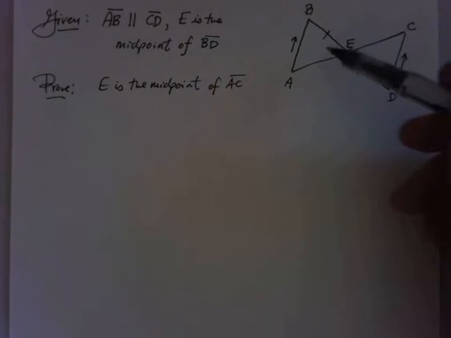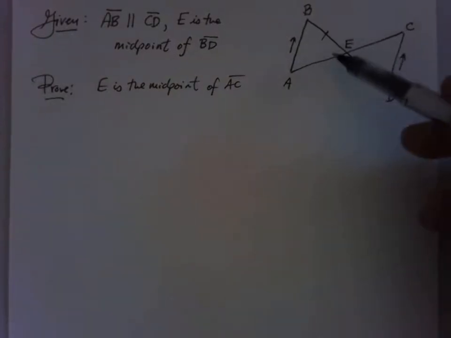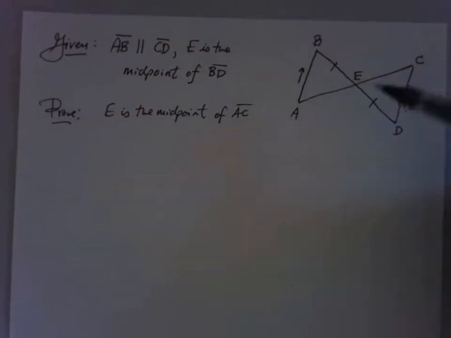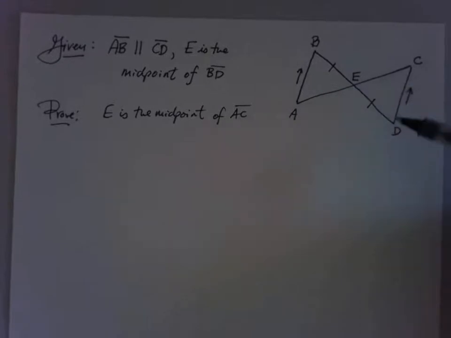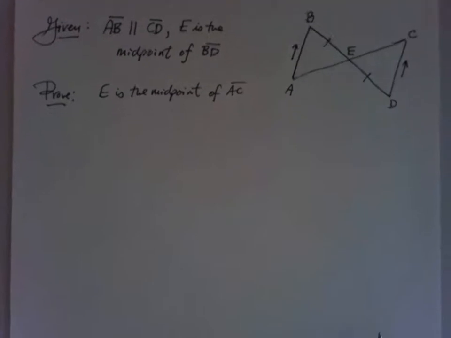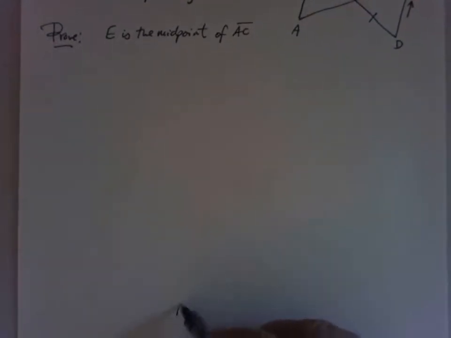And it's pretty clear here that I'm going to want to try to prove these two triangles congruent, and that will tell me that AE and EC are the same, and that will tell me E is the midpoint of AC. In fact, if I want, I can start with the end. I can say, all right, I'm going to go for AE is congruent to EC. This is the end of the proof.